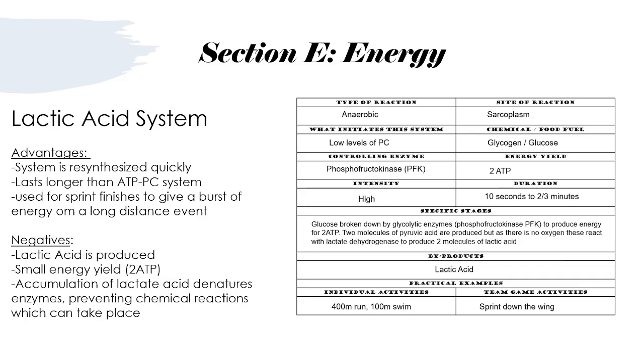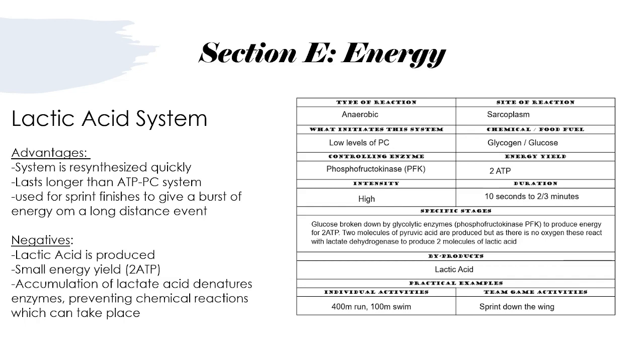Lactic acid system, anaerobic again, in the sarcoplasm, indicated this time by low levels of phosphocreatine, and glycogen or glucose is used. So glucose is broken down by glycolytic enzymes to produce energy for 2 ATP. The enzyme phosphofructokinase, PFK, is used to do this.